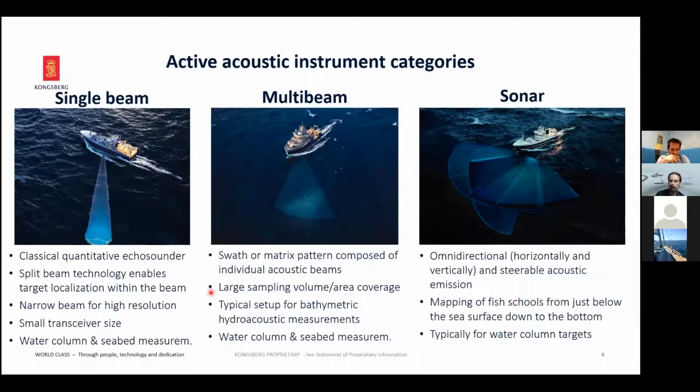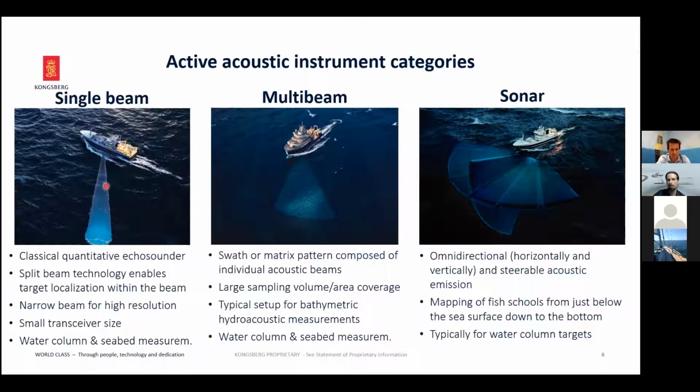With split beam technology, indicated by these small lines, you split the beam into sections, and the sound coming back is recorded by these different sections, which helps you identify and position targets in your beam. This is very powerful for corrections related to the distance between transducer and your targets.